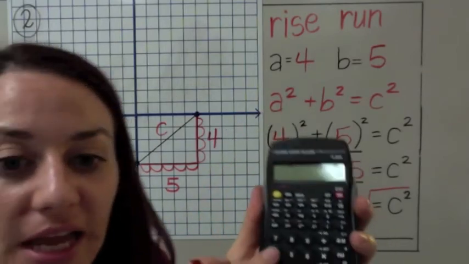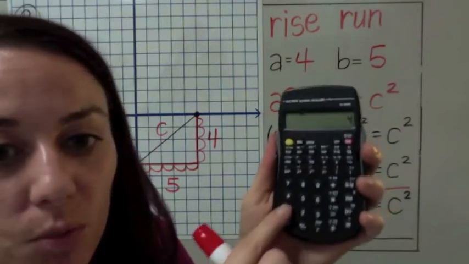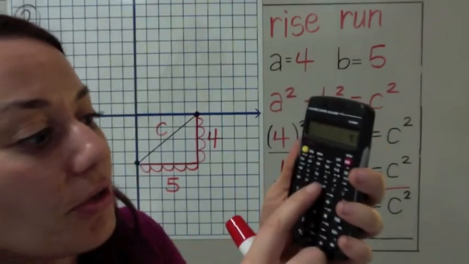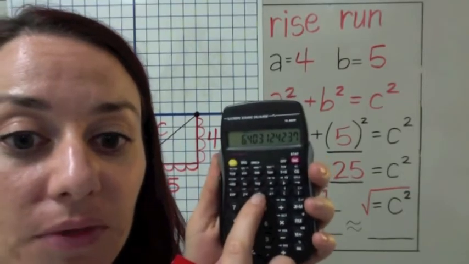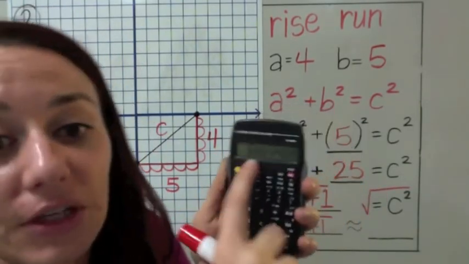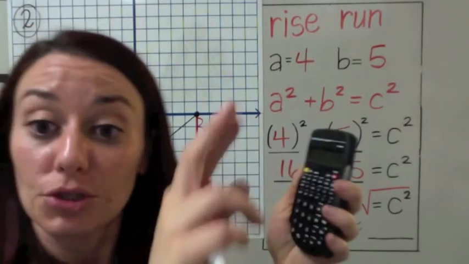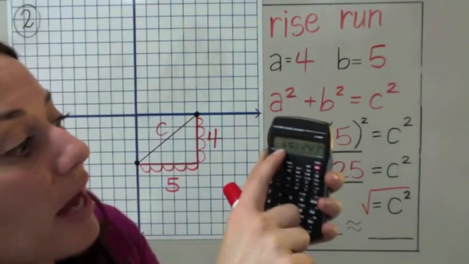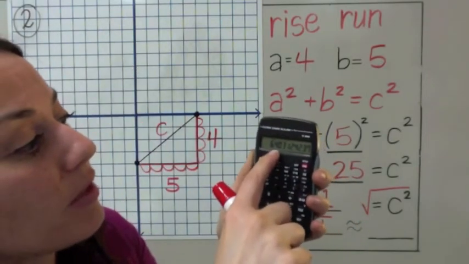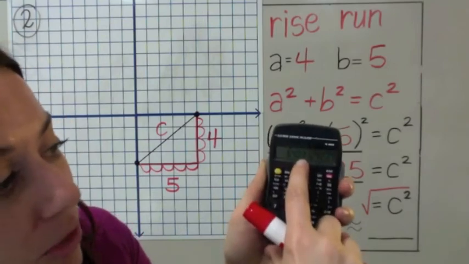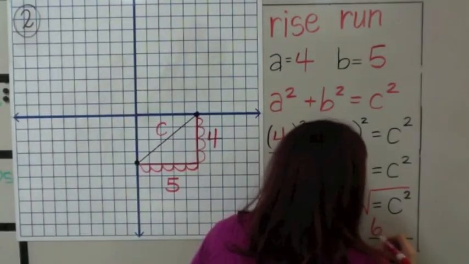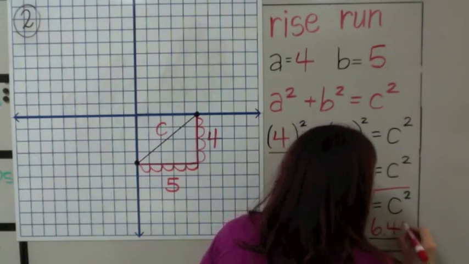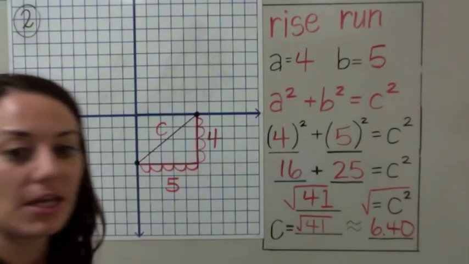So you're going to enter 41, and then you're going to press square root, this button right here, okay? So you're going to find a very long decimal. We want to round to 2 places past the decimal. So that's going to be 6.40, because that's 3, and it would not round up. So 6.40. All right, go ahead and get that down.